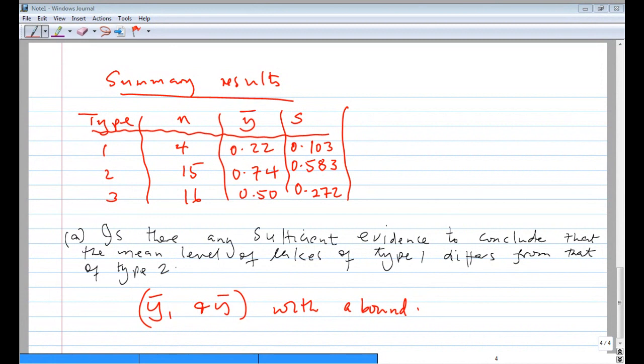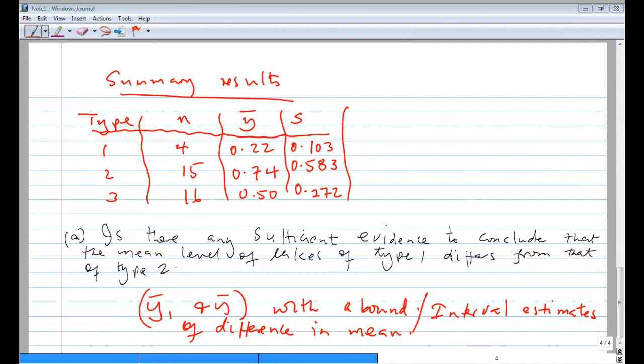In other words, we just want to find the interval estimates of difference in means. How do you do that? How do you find those interval estimates?